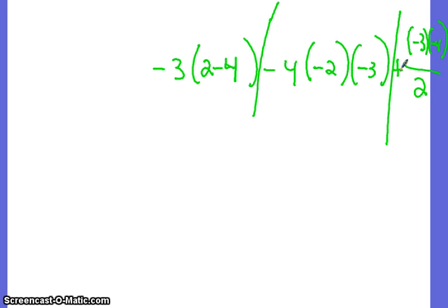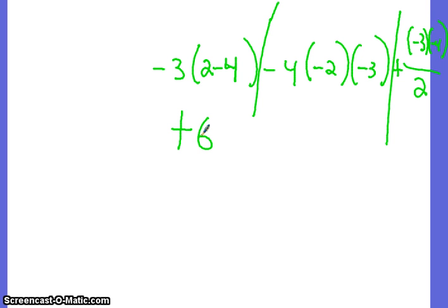So if I take care of the first one, I have to do parentheses first. What is 2 minus 4? Negative 2 times negative 3. Negative times a negative is positive 6. So I'm going to write positive 6 so I don't get myself confused.